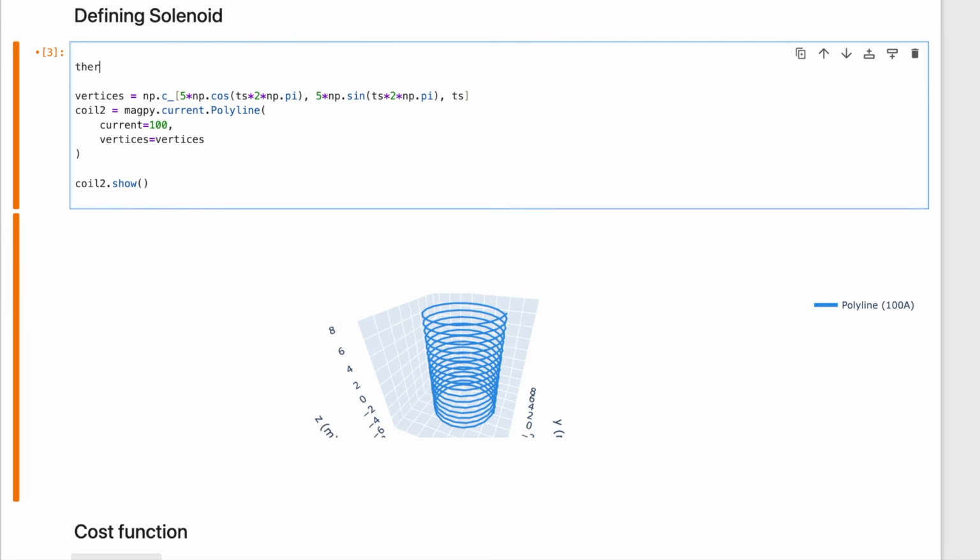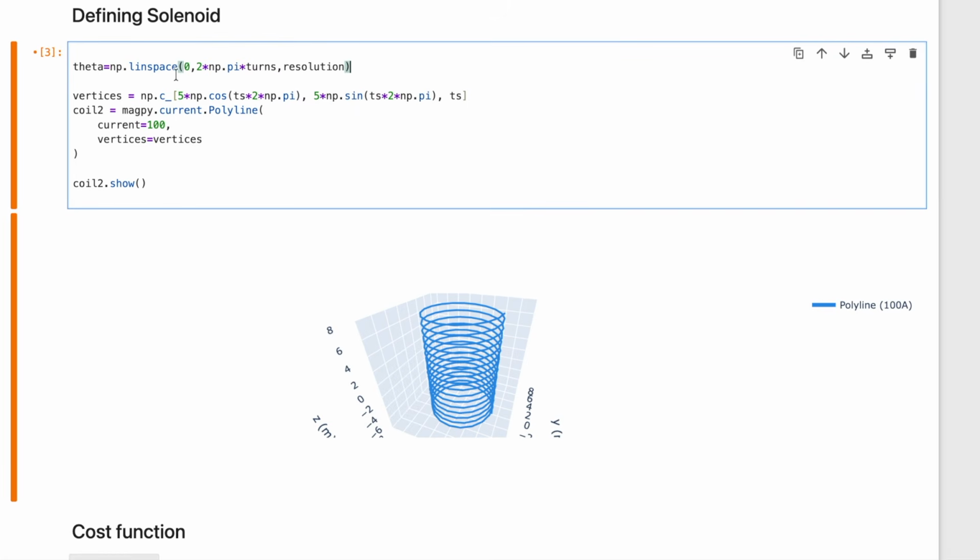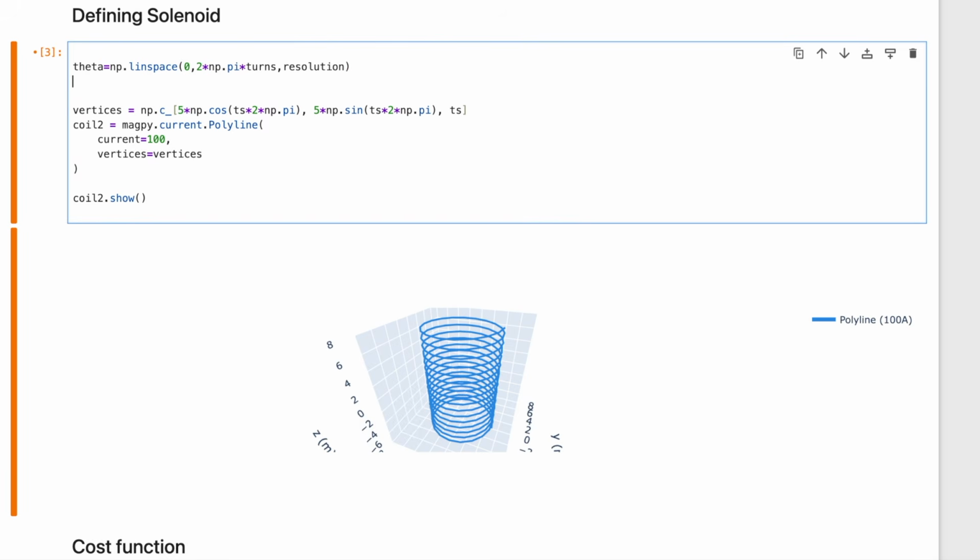So let's start with theta, which goes from 0 to 2 pi times the turns and is sampled at resolution number of points. Then we have the z, which again can be parameterized using the linspace function, and z starts from minus length over 2 to length over 2.